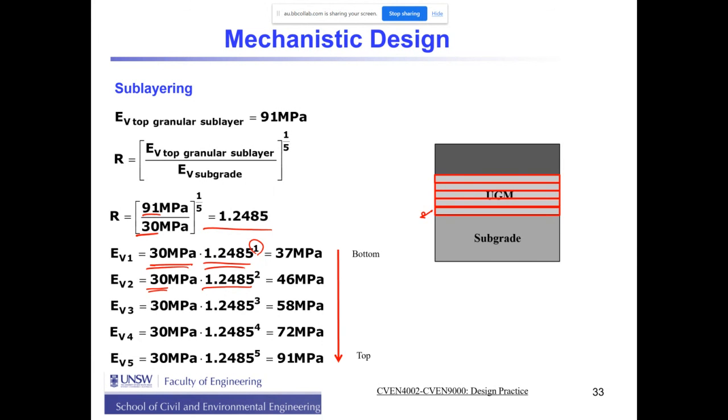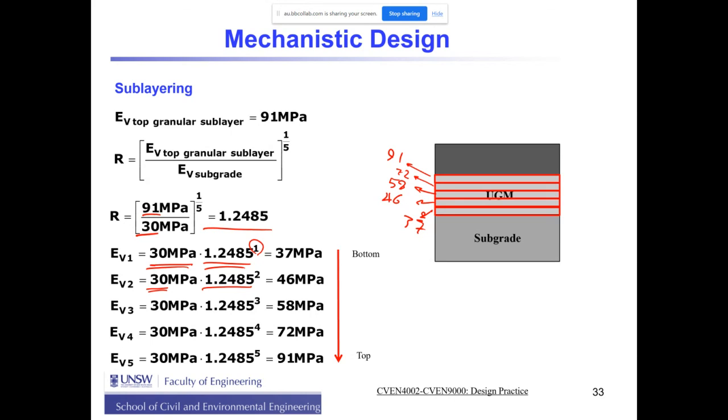So these are the values from the bottom to the top. This is 37. This one is 46. This one is 58. This is 72. And the final one is 91.